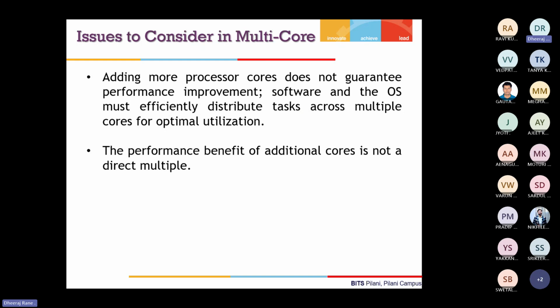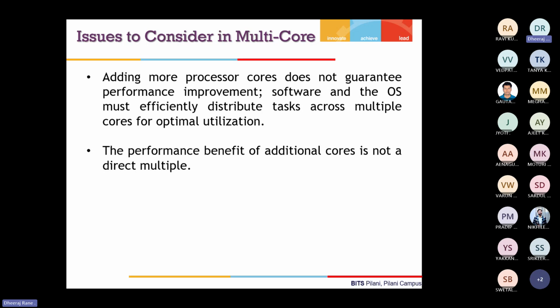And as Yuvraj has pointed out, if we keep on adding more cores, that will not guarantee the performance improvement. That was only out of logic, that obviously the software and the OS written over and above the hardware must efficiently be able to utilize the number of cores.